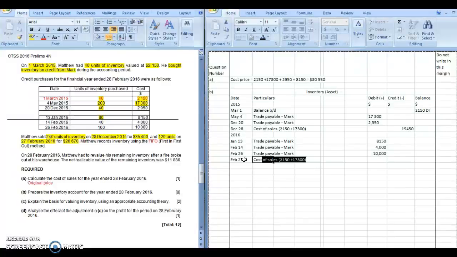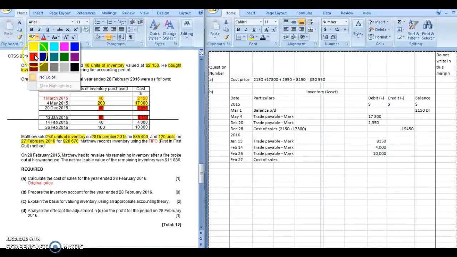We're going to write cost of sales, but the amount's not going to be that amount. So which amount do we take? We have sold the first two. The next two sets, the 120 units, is actually from here. Let's highlight in different color. It's actually 2,950 and 8,150.